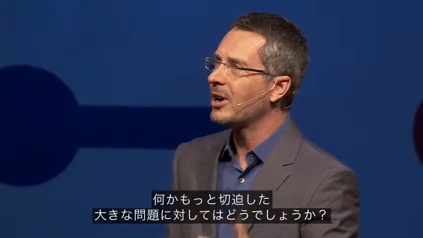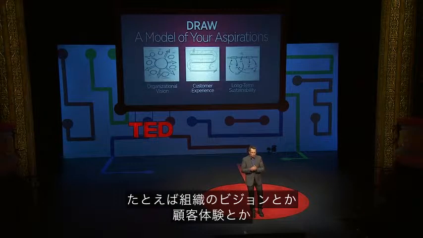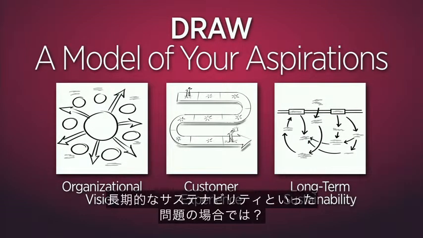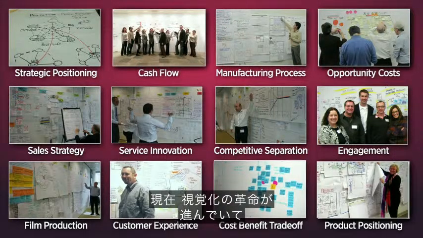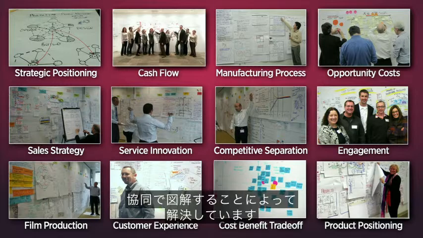But what if you wanted to draw something more relevant or pressing, like your organizational vision, or customer experience, or long-term sustainability? There's a visual revolution that's taking place as more organizations are addressing their wicked problems by collaboratively drawing them out.